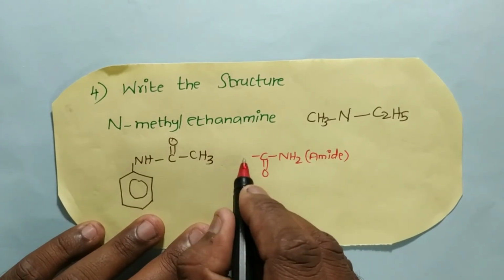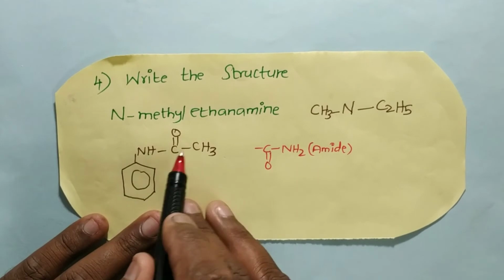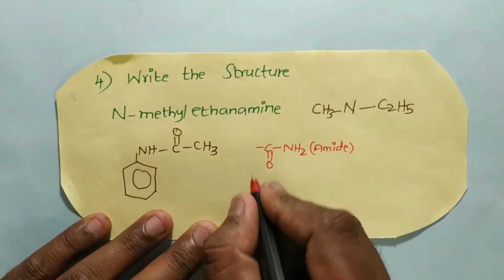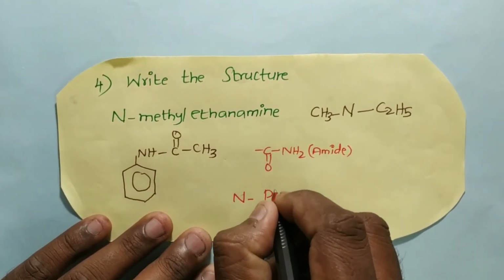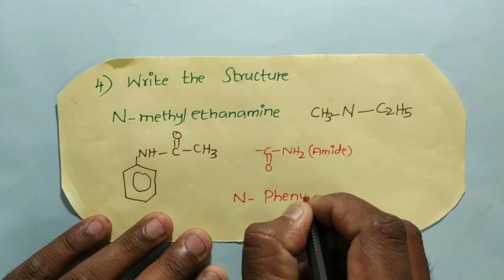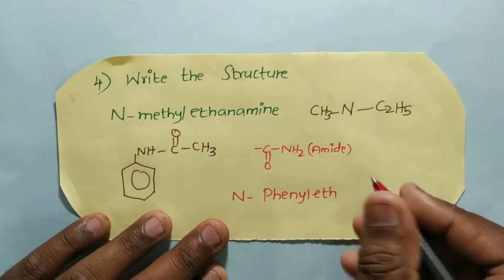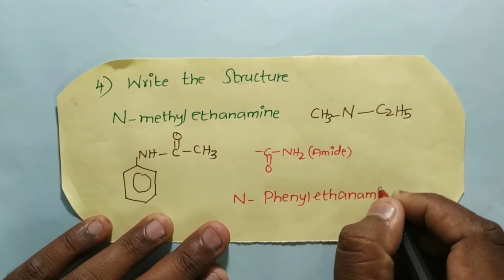If the CH3 group is there, it is ethanamide. CH3CONH2, but instead of one hydrogen, one phenyl group is there. That is N-phenyl ethanamide. Are you able to understand, student?